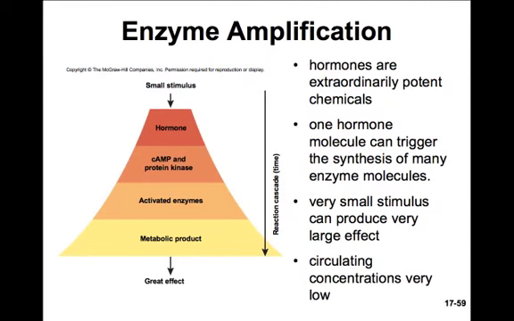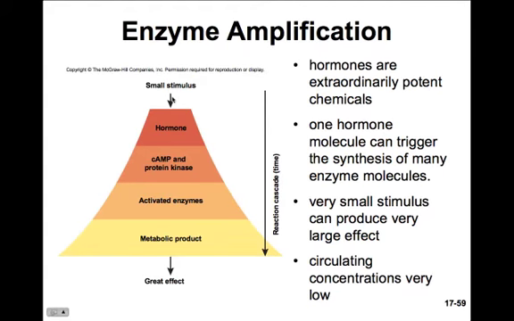Why do we need these second messenger systems is a great question. The reason is because one hormone molecule can then trigger the synthesis of many products inside the cell. This makes the hormones extraordinarily potent.